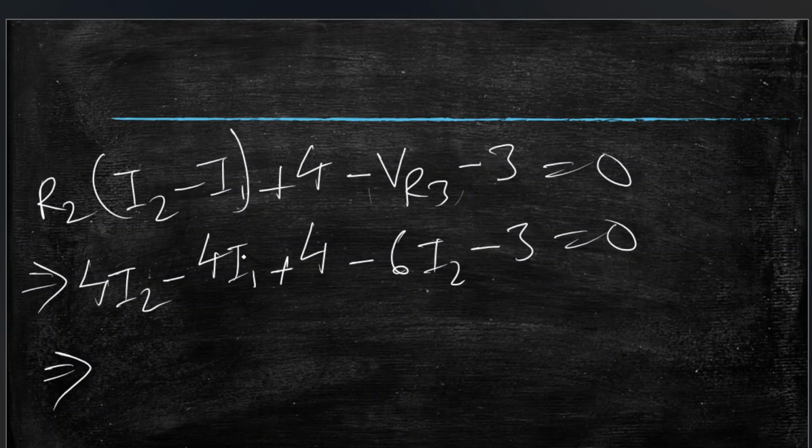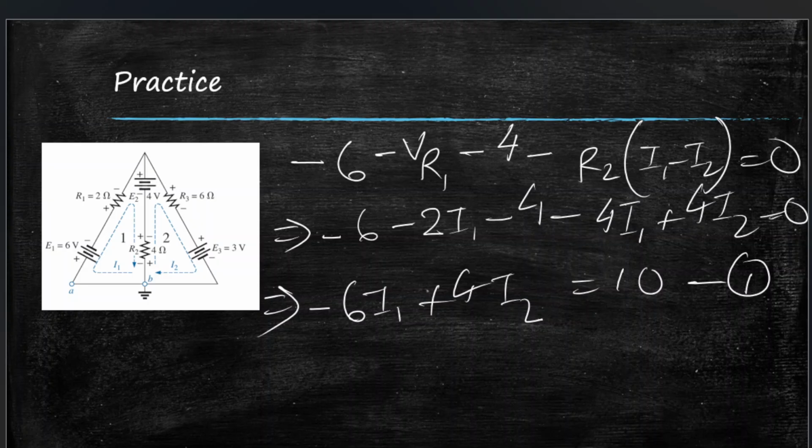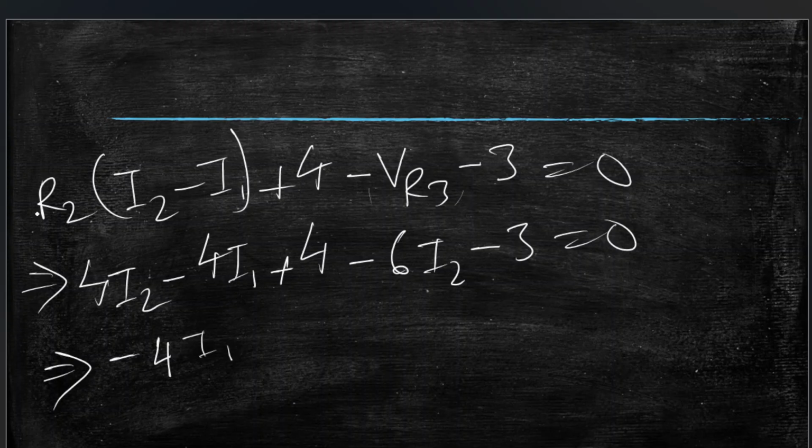Okay, so now let's bring I1 to the front. That's minus 4I1. Yeah, minus 4I1. And then, wait a minute. R2 will be negative here. Yeah, enters with the positive side. Why did I put positive?